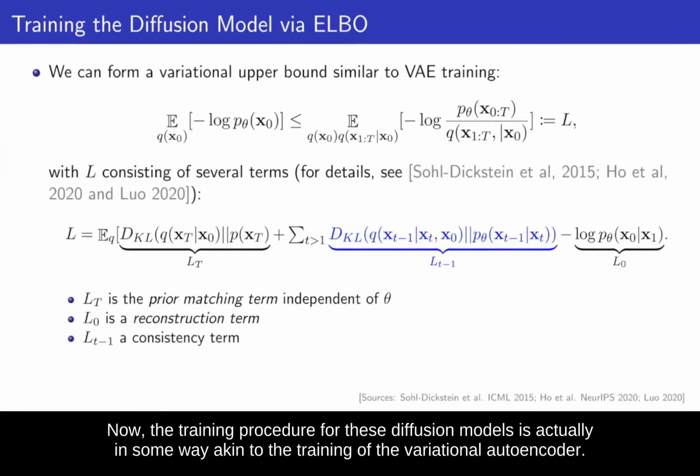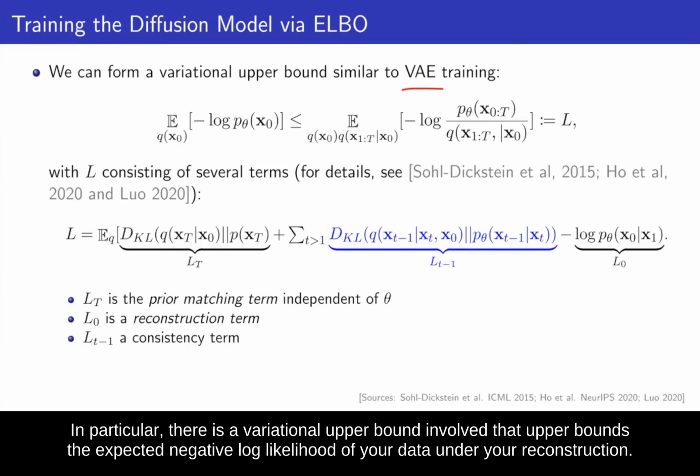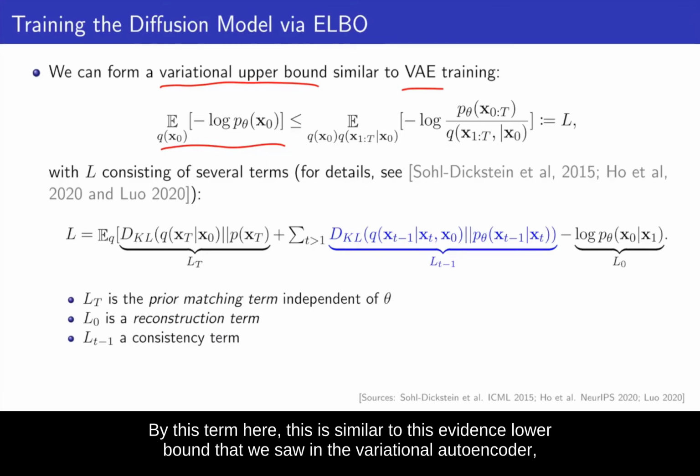Now, the training procedure for these diffusion models is in some way akin to the training of the variational autoencoder. In particular, there's a variational upper bound involved that upper bounds the expected negative log likelihood of your data under your reconstruction by this term here.